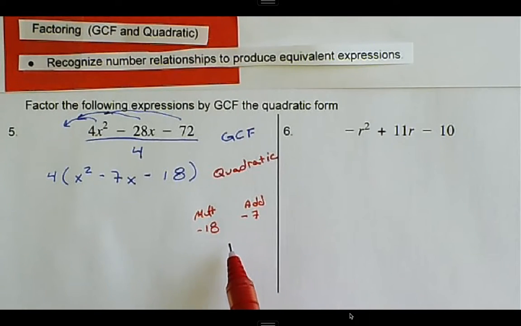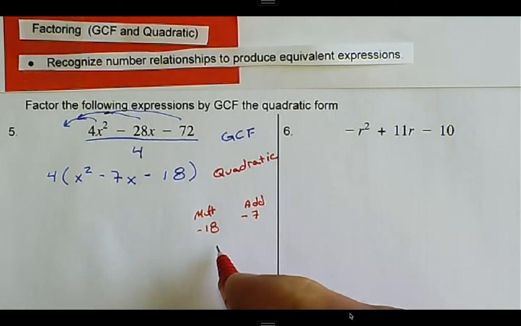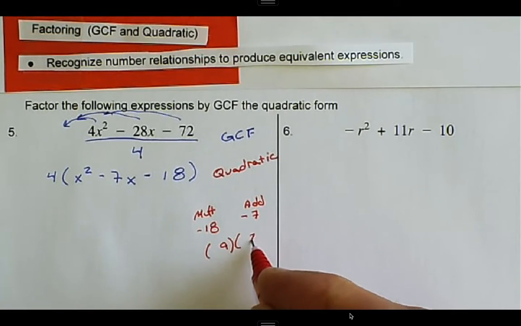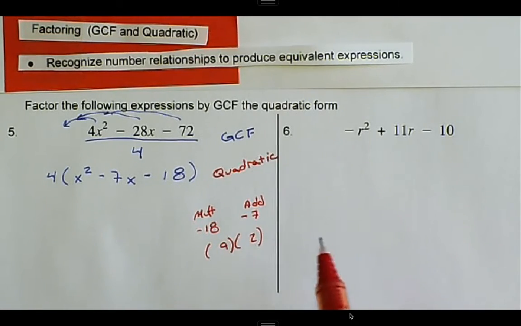So there's numbers that we know, right? We could use 18 and 1. We could use 3 and 6. But if we think about it, 3 plus 6 is not going to add to negative 7. So the one that we need to check is 9 and 2. Now, 9 times 2 is 18, but we know that we have a negative.